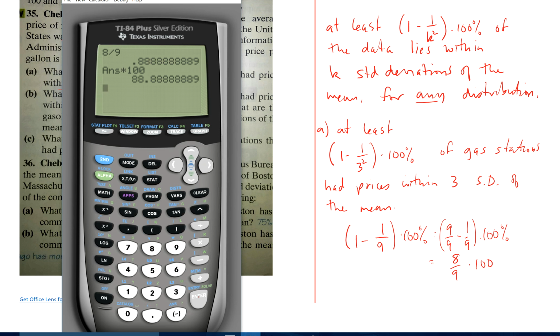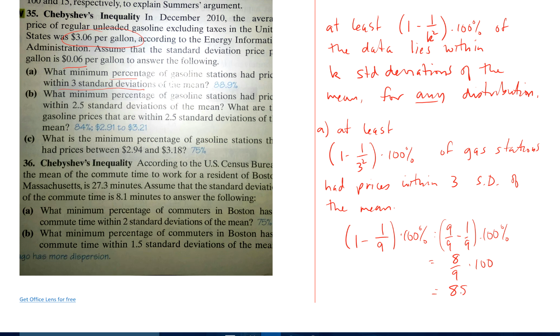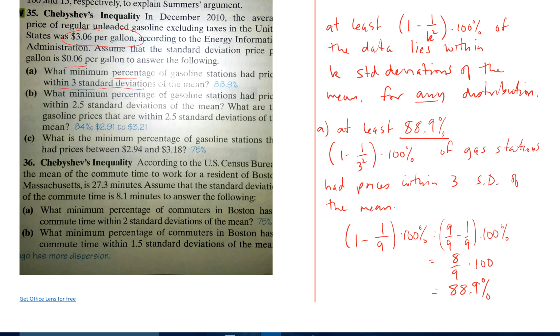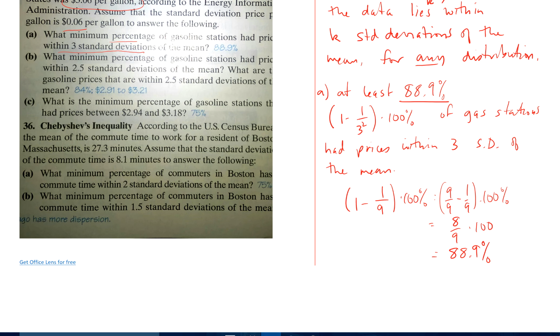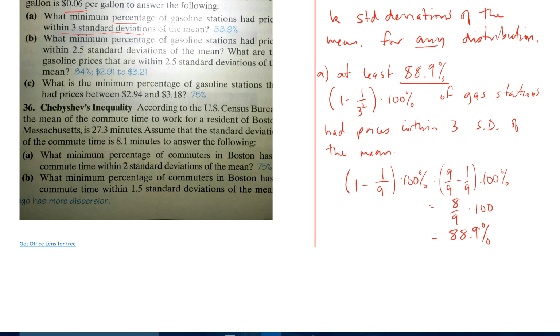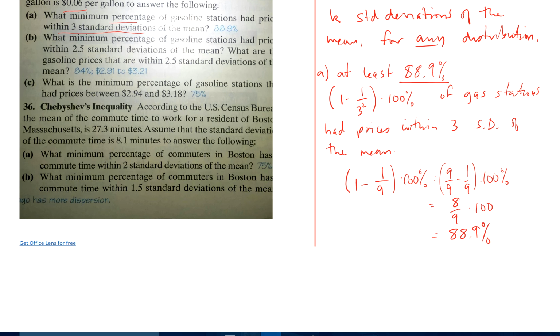So that's 88.9%. So at least 88.9% of gas stations had prices within 3 standard deviations. Does that make sense? Okay, now if it was bell-shaped, that'd be 99.7, right? Approximately. But since it's any distribution, that's as good as we can get.